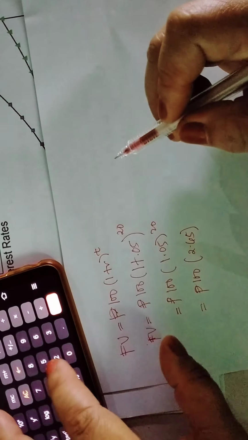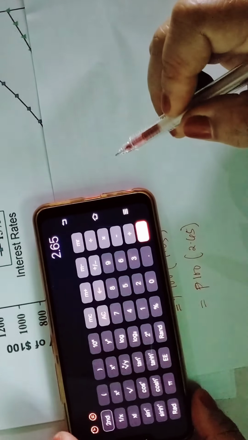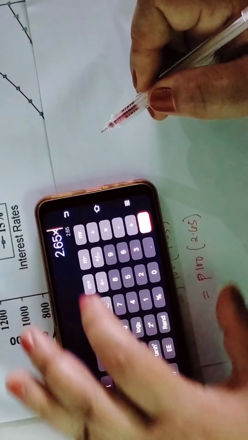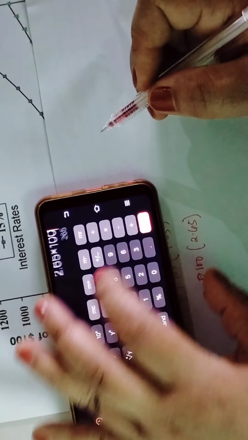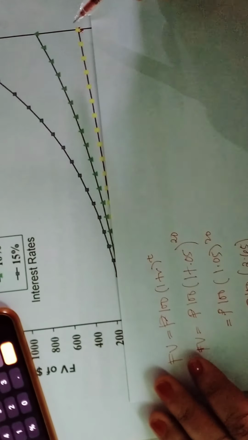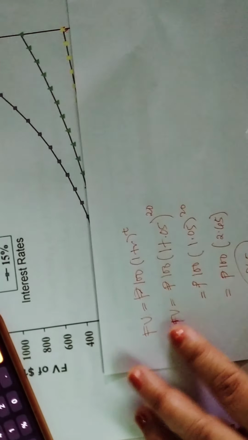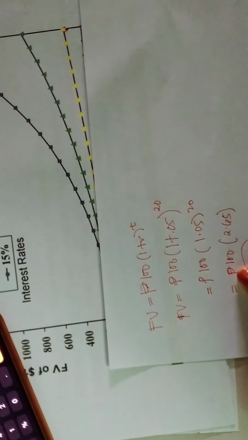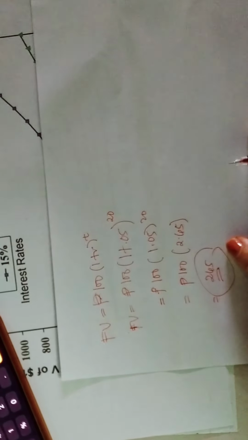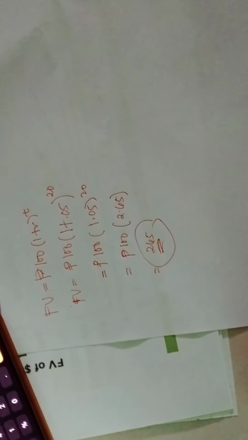We round off to 2 decimals, times 100, is equal to 265. If you invest 100 pesos today with an interest rate of 5%, after 20 years your 100 becomes 265. So, this is what is used in the future value of money.